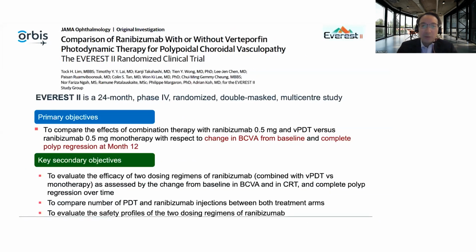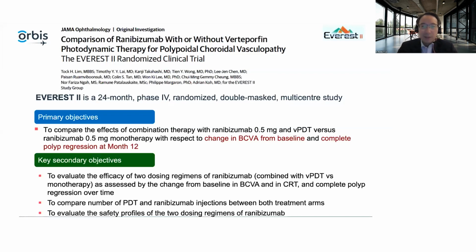The first one is EVEREST II, which was a 2-year, double-masked, multicenter trial. Basically, it compared monthly ranibizumab treatment versus ranibizumab treatment combined with verteporfin PDT. The primary outcome is the change in visual acuity.